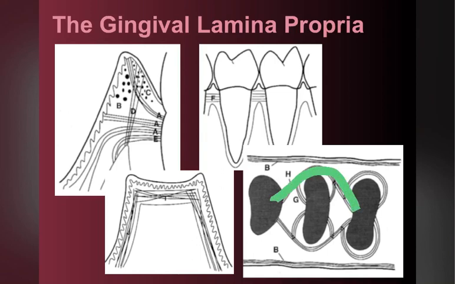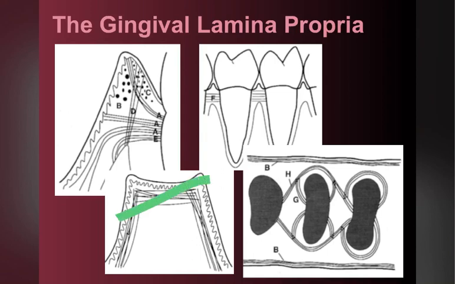From the root of one tooth to the root of the second neighbor, not the first neighbor. The first neighbor would be like transseptal fibers, but these go to the second neighbor root, so they are called transgingival fibers.